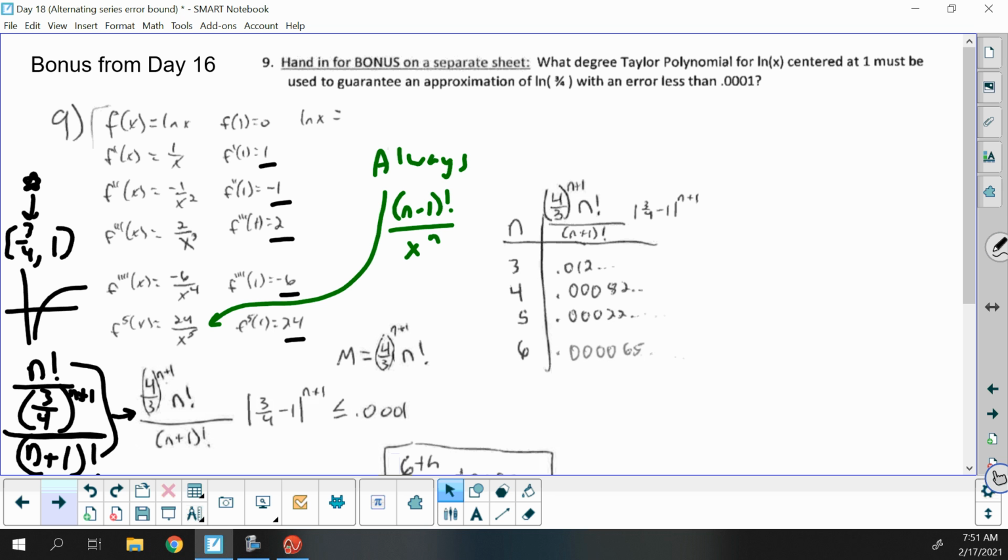Well, that was always 1, again, 1 less than the value of n for our factorial. So with the Lagrange, we always work with the next derivative. So we'll have, instead of n plus 1 factorial in the numerator, we will just have n factorial.